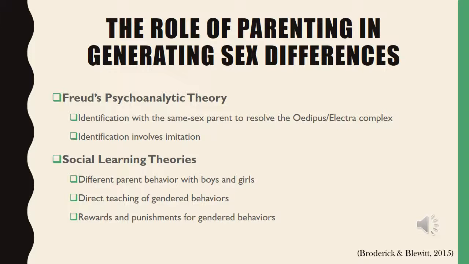What type of actions or behaviors are acceptable, and then the research showing us that fathers are more likely to be disapproving of cross-sex behavior in sons than in daughters. So daughters can exhibit behaviors that are more likened to males or boys without too much difficulty from fathers.